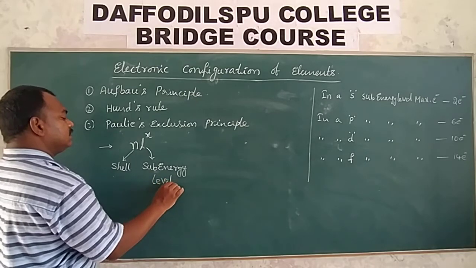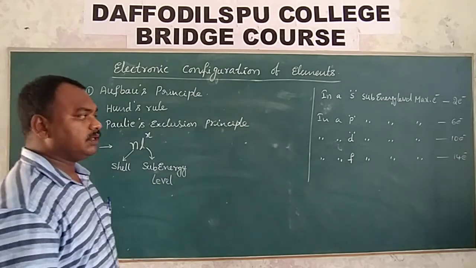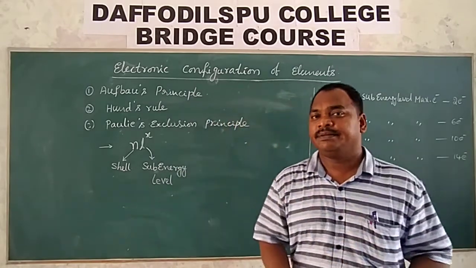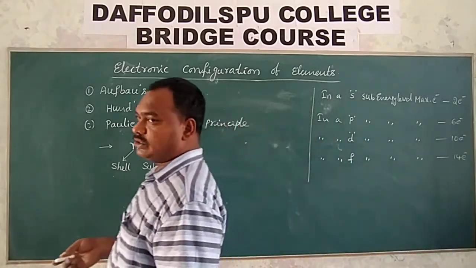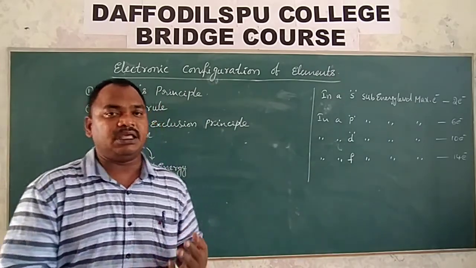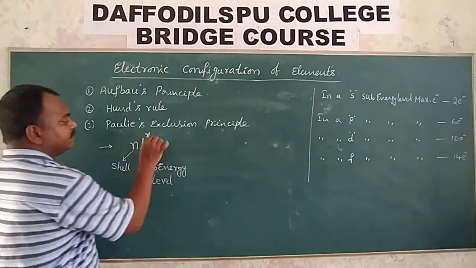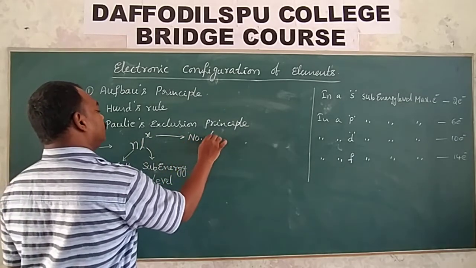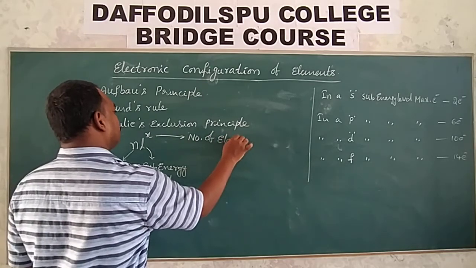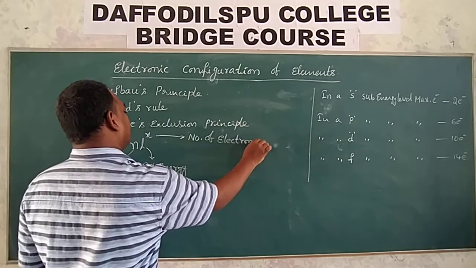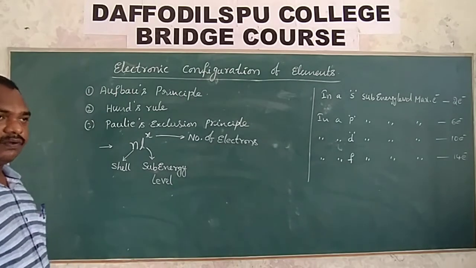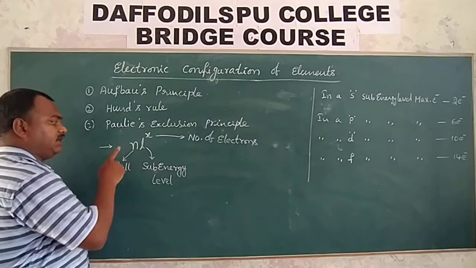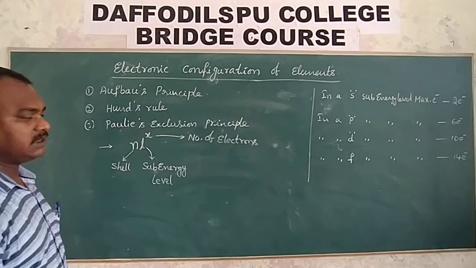Which ones are the sub-energy levels? S, P, D, F. These are the sub-energy levels. X is the number of electrons. So the electronic configurations must be expressed in NLX method.